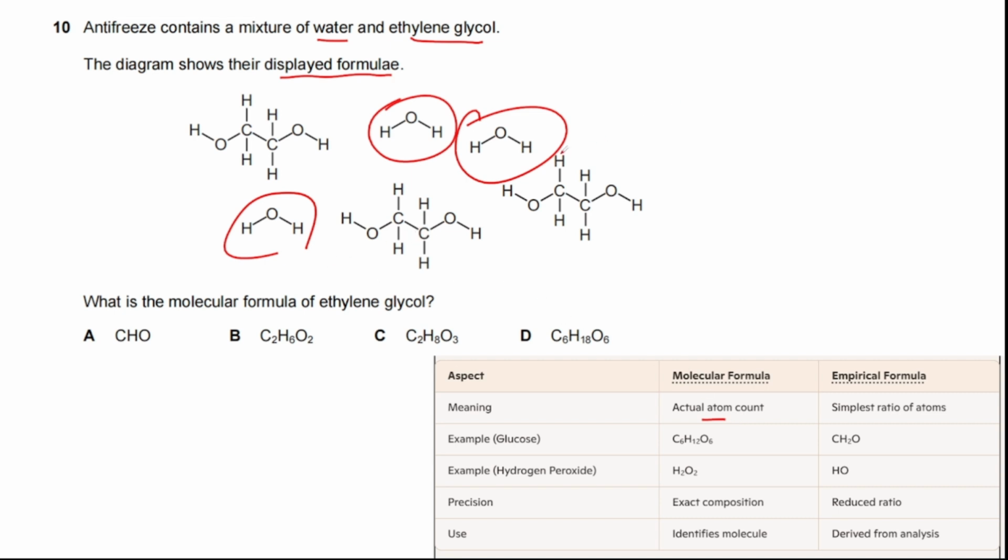So you just need to take one molecule and count how many carbon, how many hydrogen, how many oxygen are present. Carbon, there are 2, hydrogen 1 2 3 4 5 6, and oxygen 1 2. So C2H6O2. So the correct option is option B.